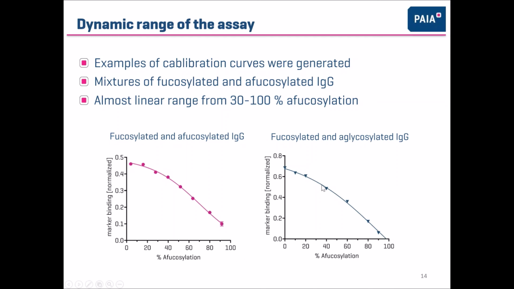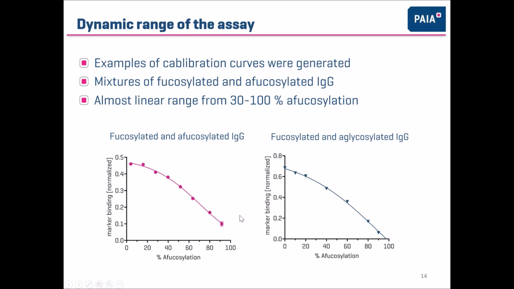So for this whole range, the assay is quite nicely able to determine the different degrees of fucosylation. But you will have a hard time to differentiate between 90% and 95% fucosylation.